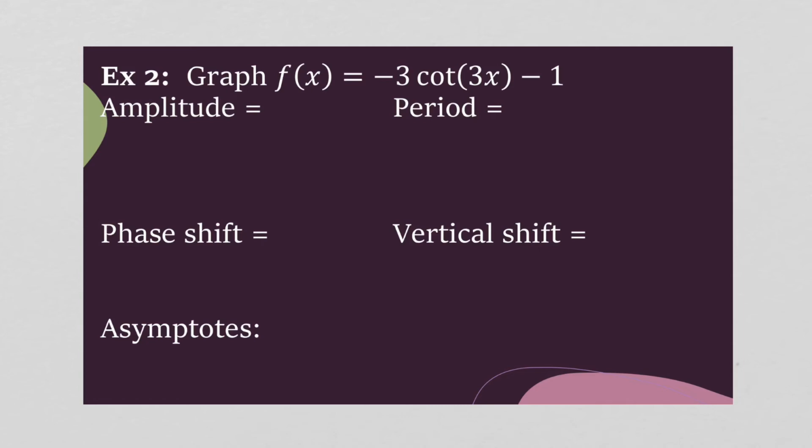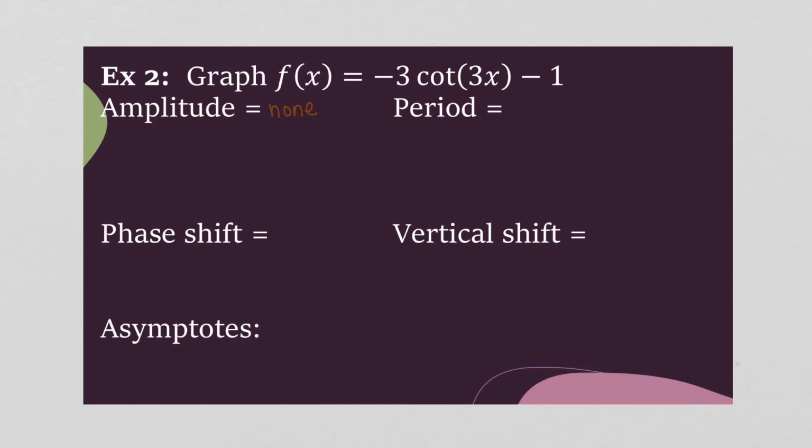Well, A is -3, yes, but with tangent and cotangent and even secant and cosecant, there is no amplitude because the amplitude is where it stops. And these don't stop. They keep going up and down forever. So, amplitude, none.